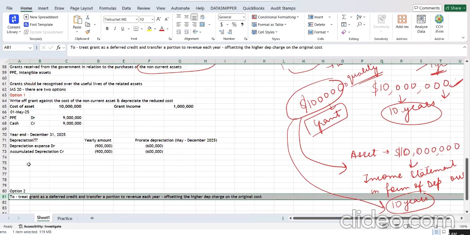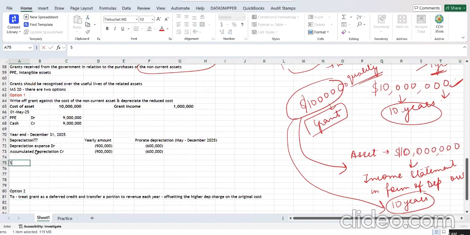Okay, so in this case, if I look in my balance sheet, my PP&E cost would be 10 million, oh sorry, 9 million, and my accumulated depreciation would be 600,000. So my net book value in the statement of financial position would be this much.